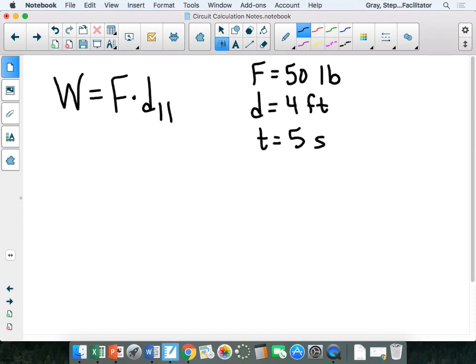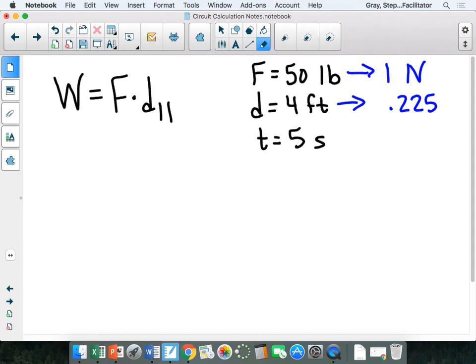Okay, so somebody tell me, just Google, please, 50 pounds is how many newtons? And 4 feet is how many meters? 50 pounds is 1 newton over 0.225 pounds.